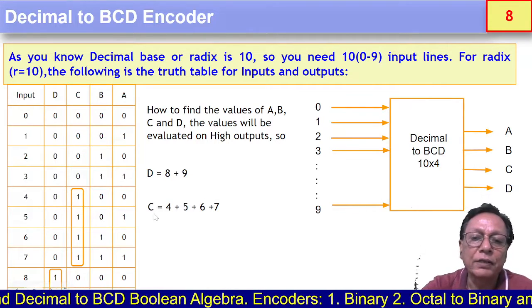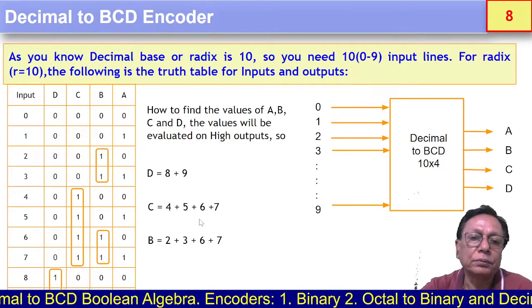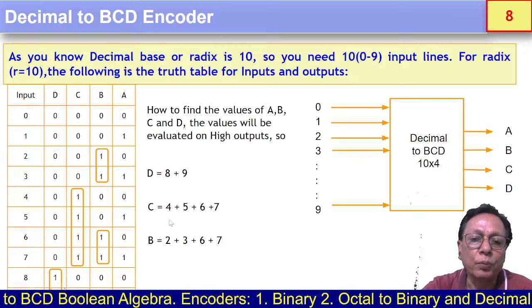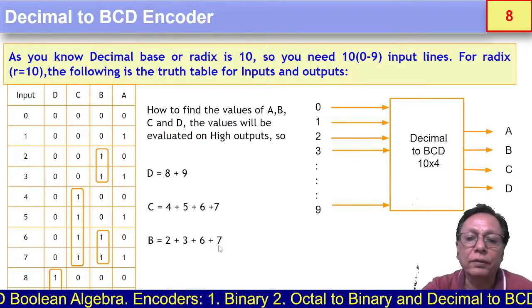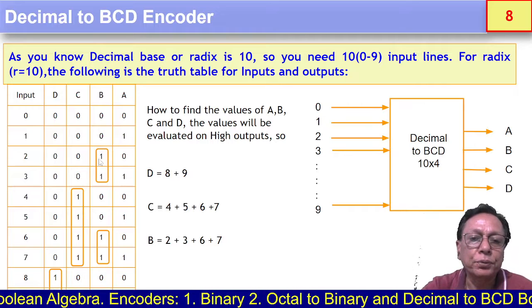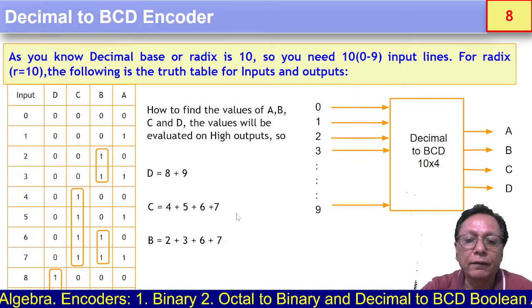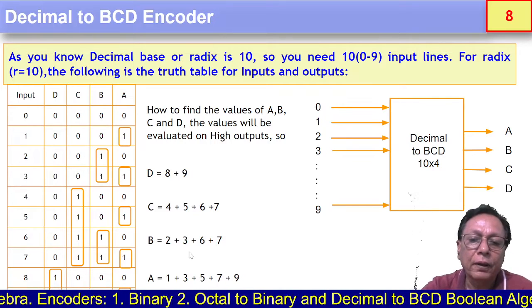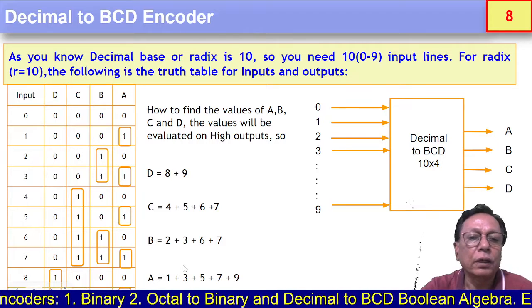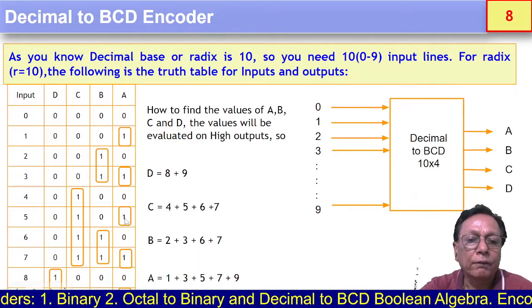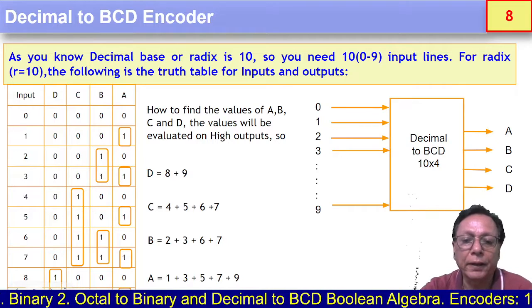Similarly, for output B, signals 2, 3, 6 or 7 should be high. And for output A, signals 1, 3, 5, 7 and 9 should be high.